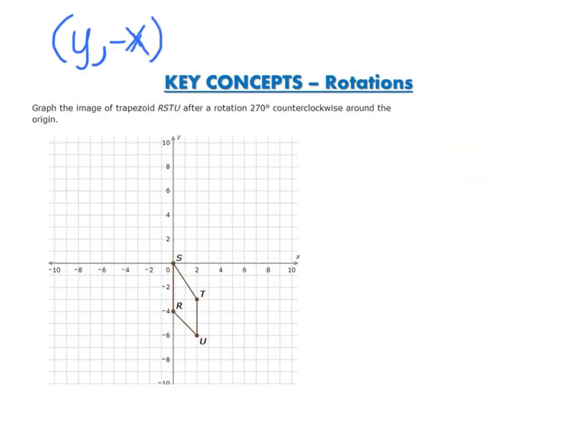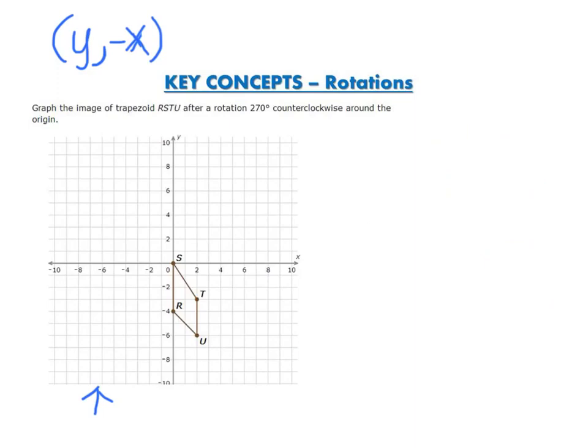All right, this one is asking us to graph this trapezoid after a rotation of 270 degrees. And if you remember, 270 degrees is 3 quadrants around to the left or 1 to the right, so it should end up right there in that quadrant.